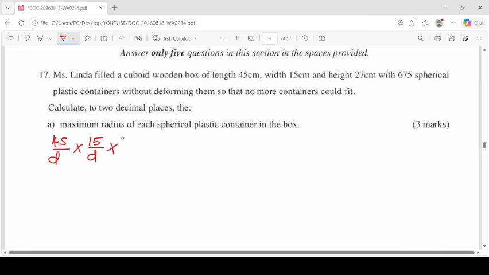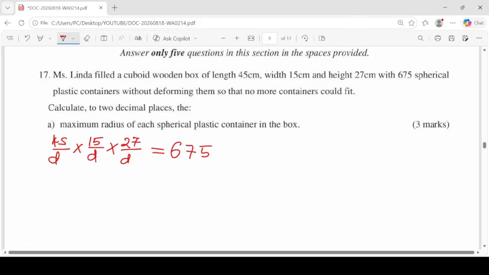times 27 again over D. This will give me the maximum number of spherical plastic containers that will be filled going upwards. This should give you a total of 675 spherical containers, because that is the total number.